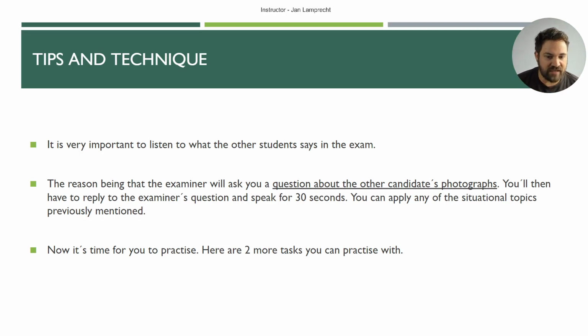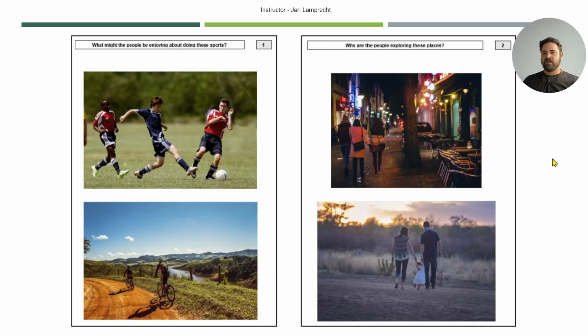Now it's time for you to practice. Here are 2 more tasks you can practice with. Let's practice. Let's go. Okay, so now don't focus on the pictures. Please don't. Look at the question. The question is the important thing. What might the people be enjoying about doing these sports? The other one, number 2.